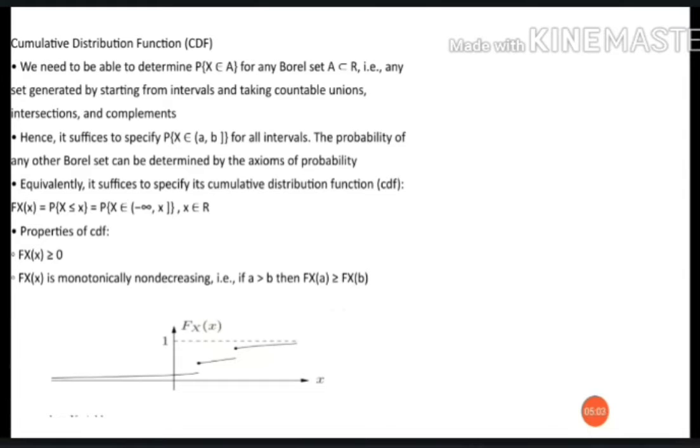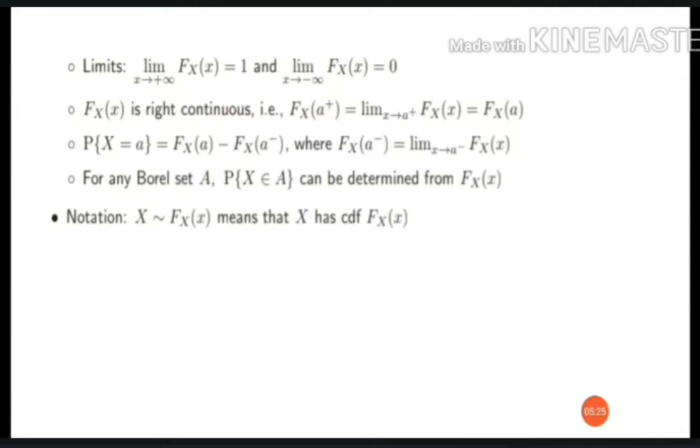From the figure, we can see a graphical representation of the CDF. In real life, the CDF just means adding up the already occurred probabilities up to a particular value.